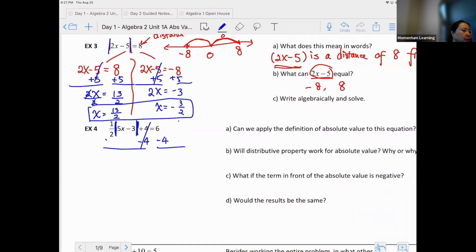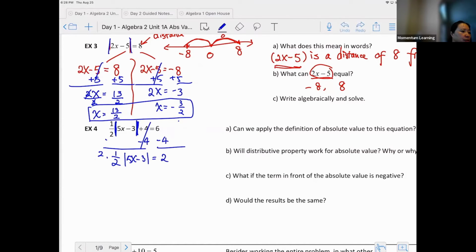Then I have 1/2 times 5x minus 3 equals 2. Now I want to get rid of this half. You can divide by half, but dividing by a fraction is hard, so you multiply by the reciprocal. The reciprocal of 1/2 is 2/1, so multiply by 2 on both sides.